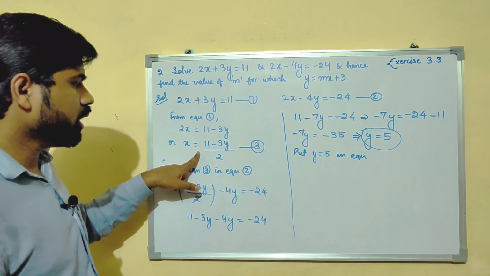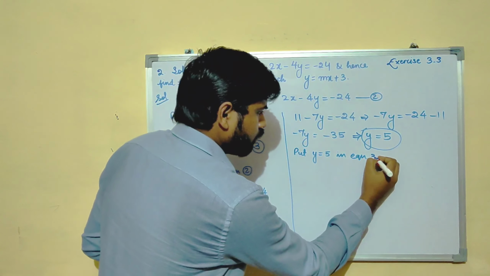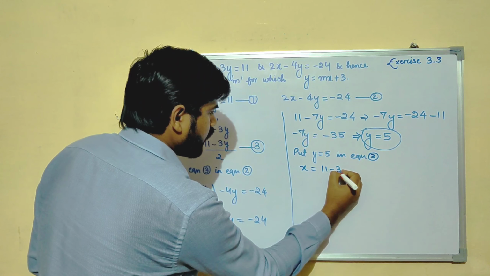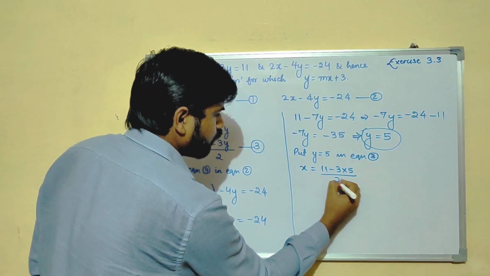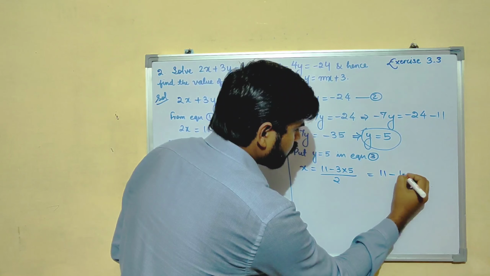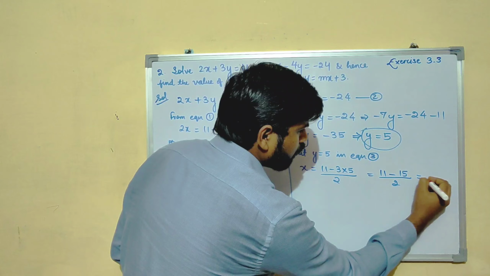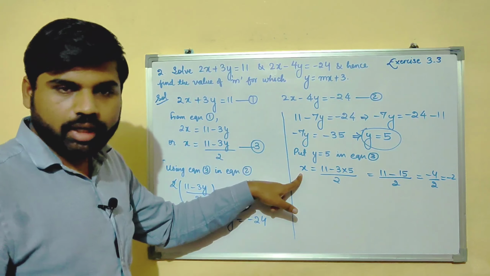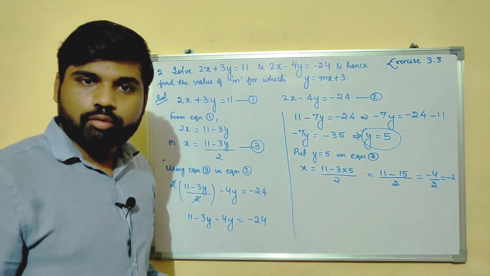Let us put it in the third equation. So x is equals to 11 minus 3 into 5 upon 2. Okay, so 11 minus 3 5s are 15 upon 2 minus 4 upon 2, which is minus 2. So you got the value of x as minus 2 and y is 5.